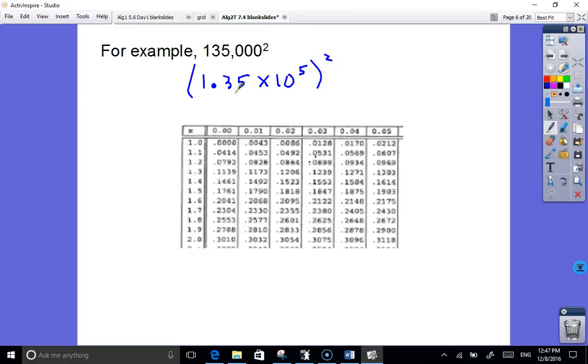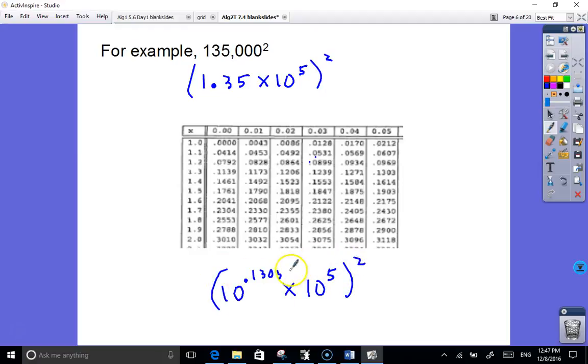Now, the 1.35 times 1.35, you could look up 1.35 as an exponent, that is 0.1303, right? That's 10 to the 0.1303 times 10 to the 5th squared.